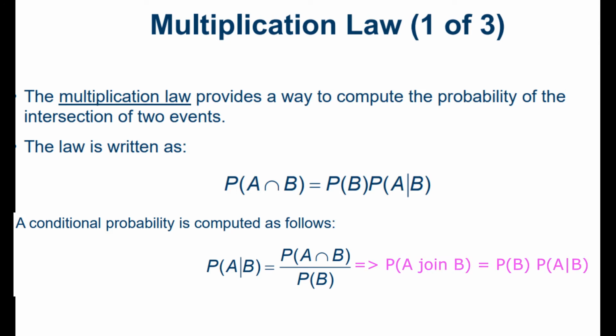We have conditional probability A given B. It's the ratio of the joint probability divided by the probability B happens. Actually, these two are the exact same things. We can use conditional probability to find the multiplication law.